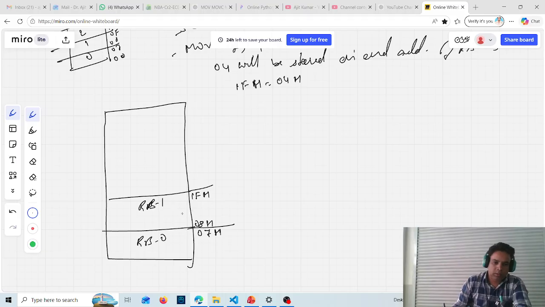This register area is also used as stack memory.